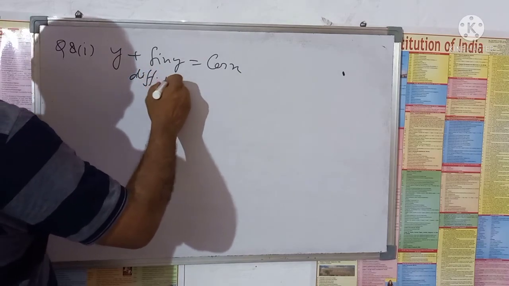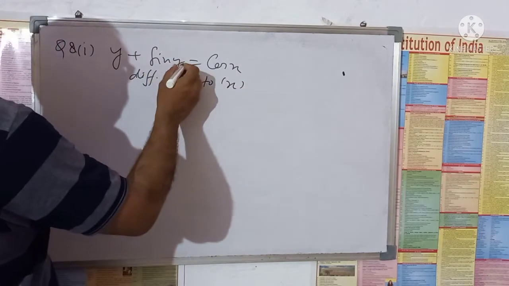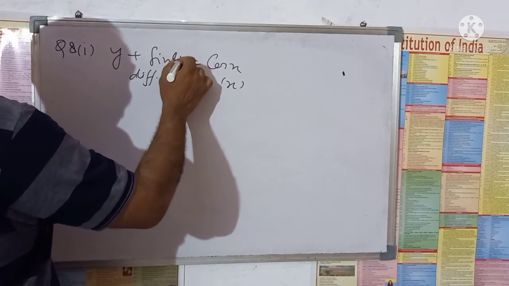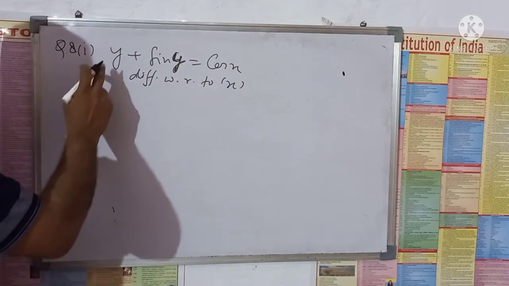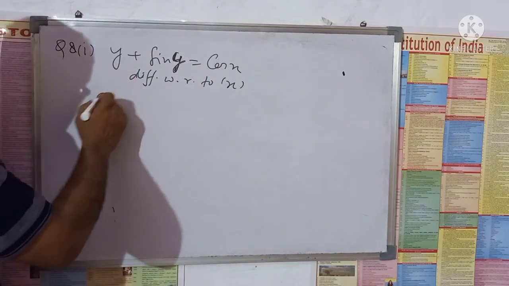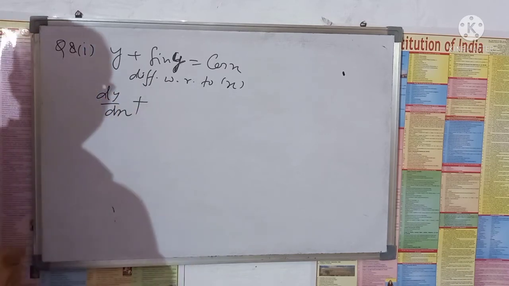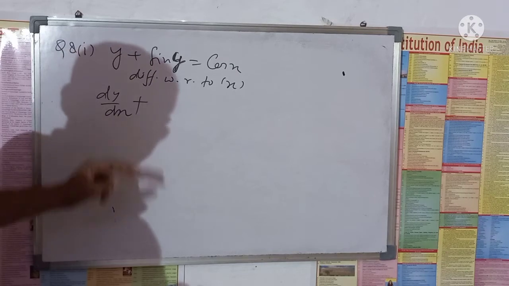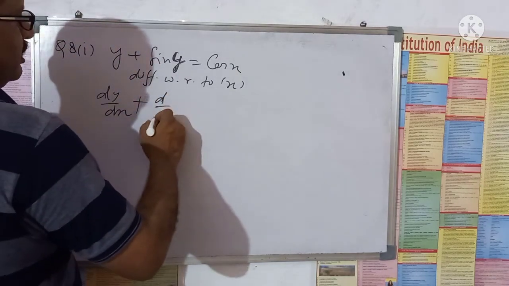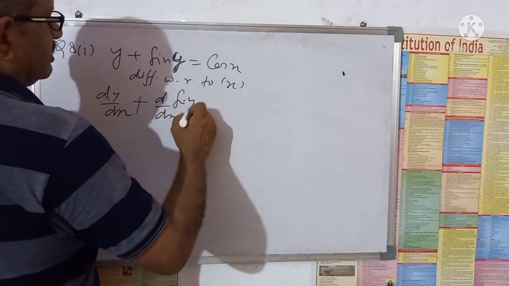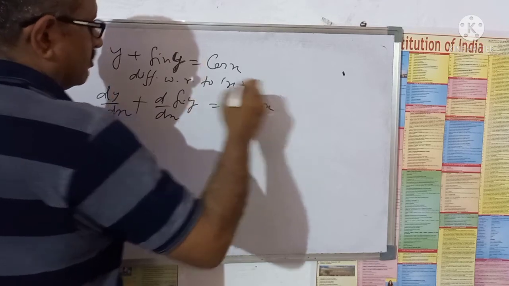So differentiating with respect to x, the derivative of y with respect to x is dy by dx. d by dx of sin y is equal to d by dx of cos x.